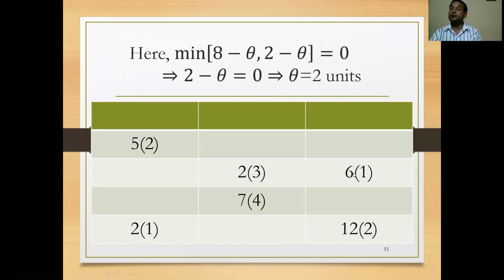Then here 8 minus theta, so 8 minus 2 is 6, nothing is done here, and 2 minus theta is already 0, so that part will be 0, not to write here. Then 10 plus theta, so 12, and this is 2. So we have arrived at this position now.